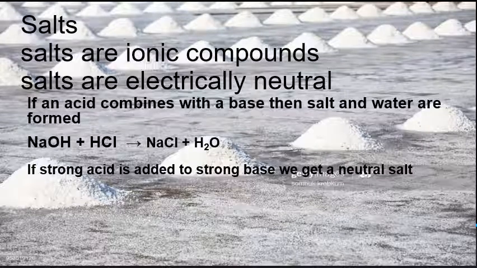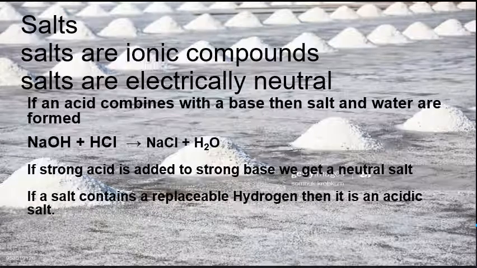Then a strong acid, what is the strong acid here? HCl, combined with a strong base. What is the strong base here? NaOH, to form a neutral salt, NaCl or sodium chloride. Here, any salt which is having replaceable hydrogen, that means if the hydrogen can be replaced, then an acidic salt is formed.